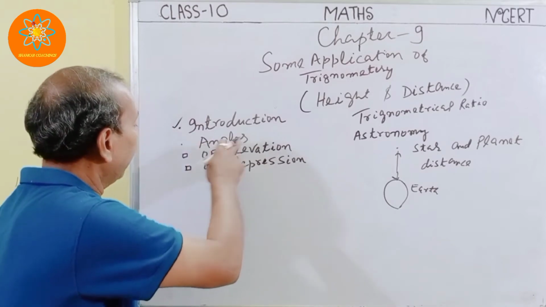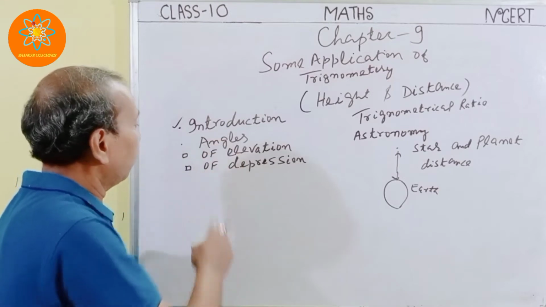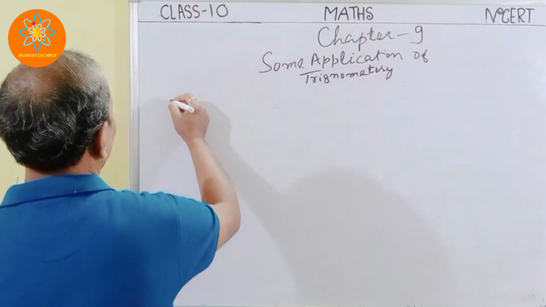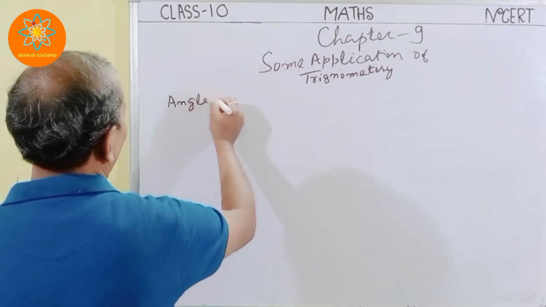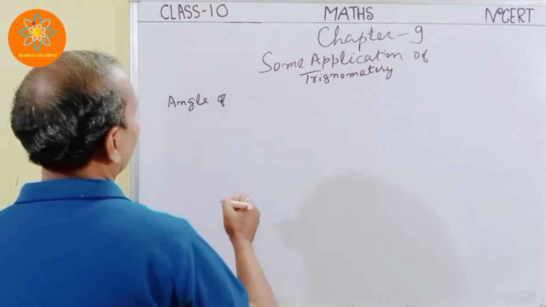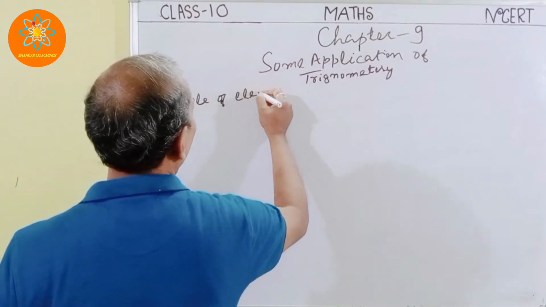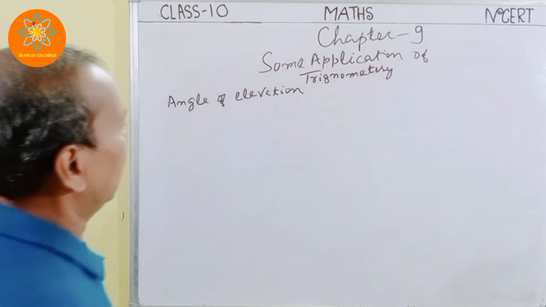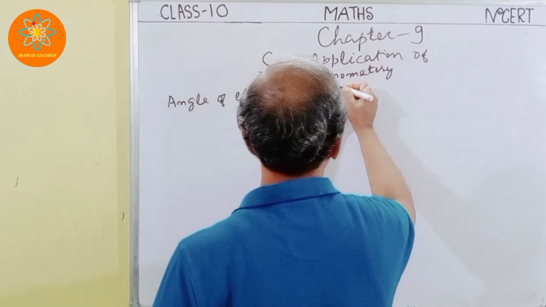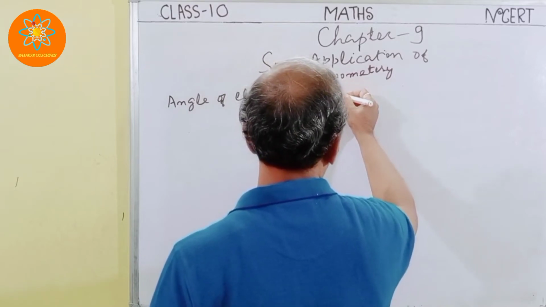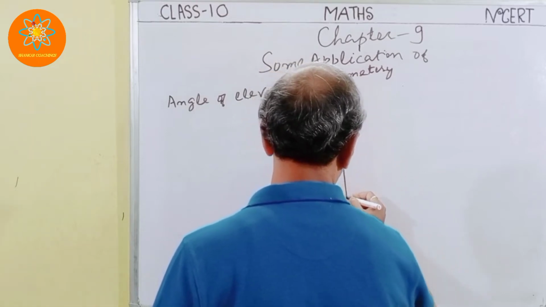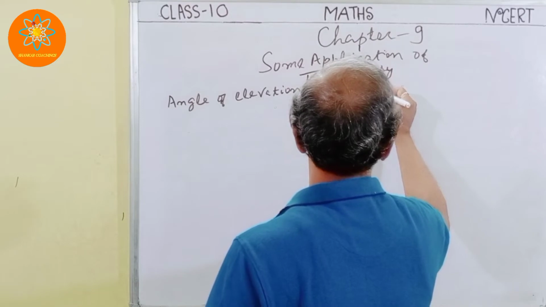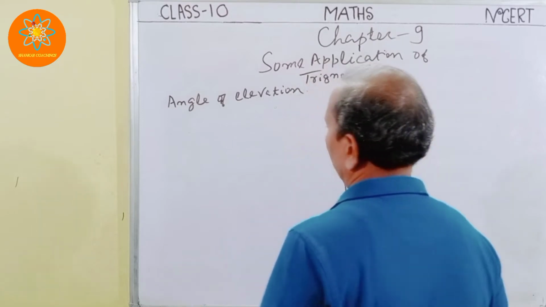One is the angle of elevation, and another one is the angle of depression.